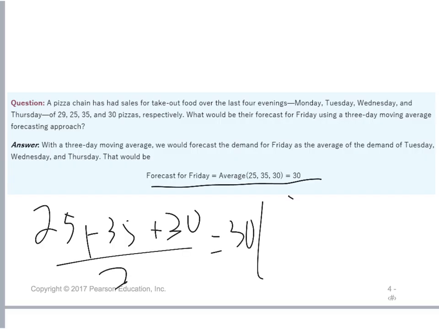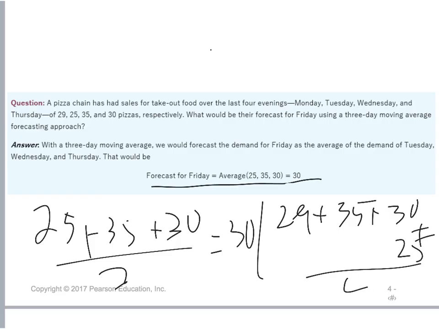If they ask for a 4-day moving average, then it would be the 29 plus the 35 plus 30 plus 25, divided by 4, and then you determine the forecast from there.